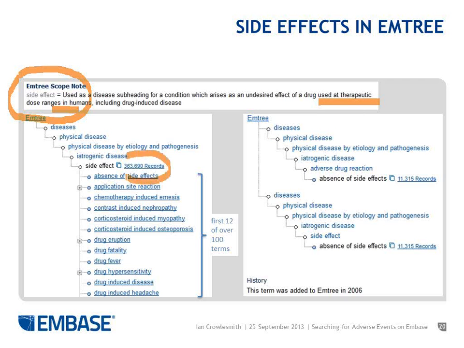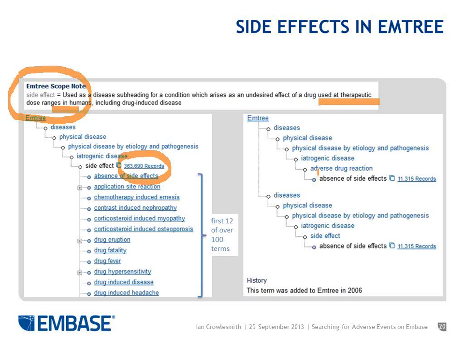Here it is. There are this number of records which have been indexed with the term side effect. As I mentioned before, this is different from using the subheading itself, because this is the M-Tree term. You might want to return to that. And there are about 100 more specific side effect terms which are listed here.